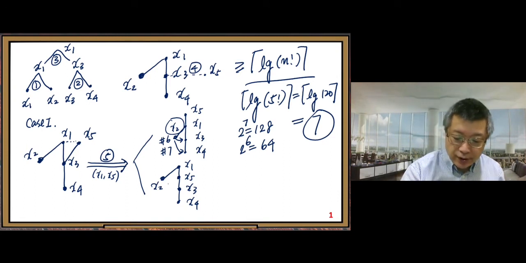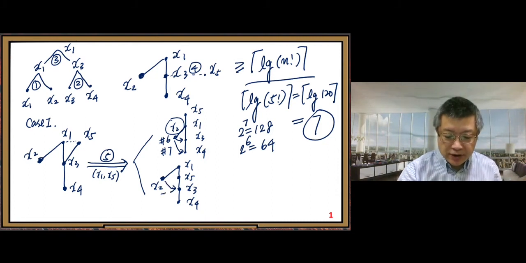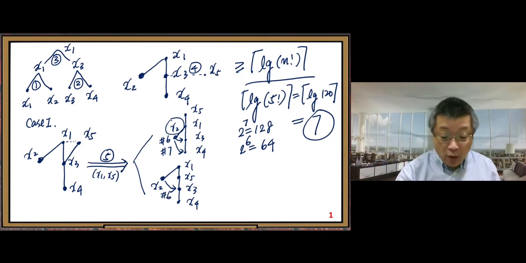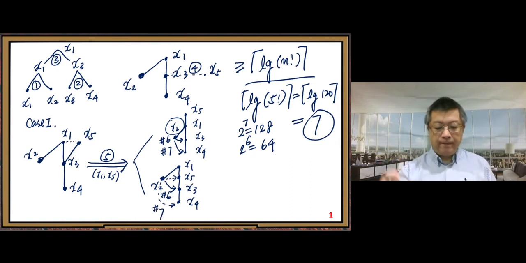We need to get X2 in place. Number 6, then after that one more, either with X5 or X4, number 7. Also 7 comparisons, we can make it. That's case 1.